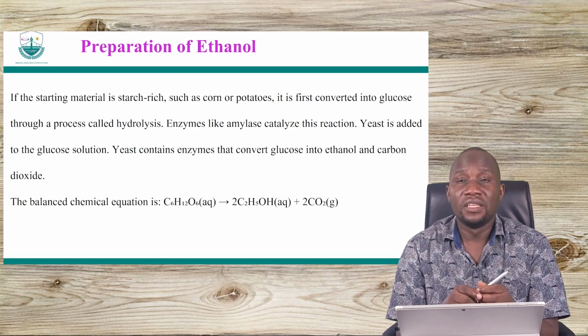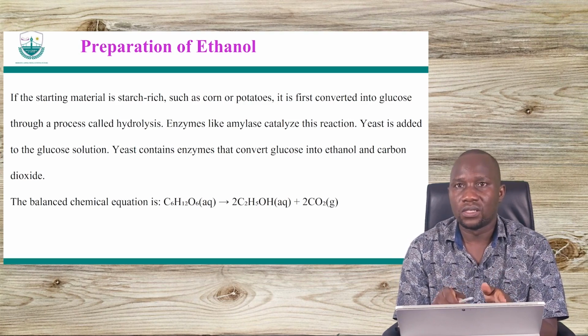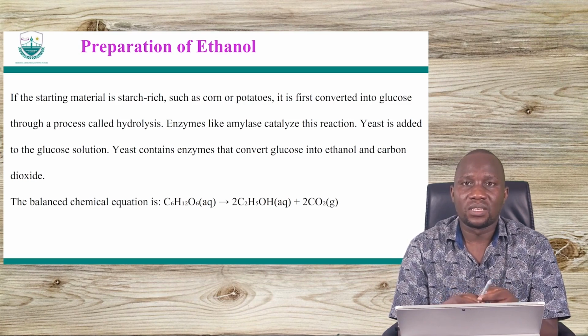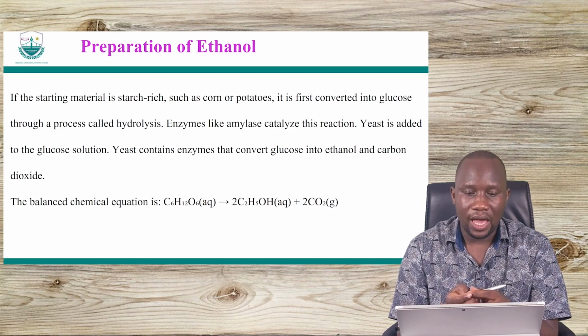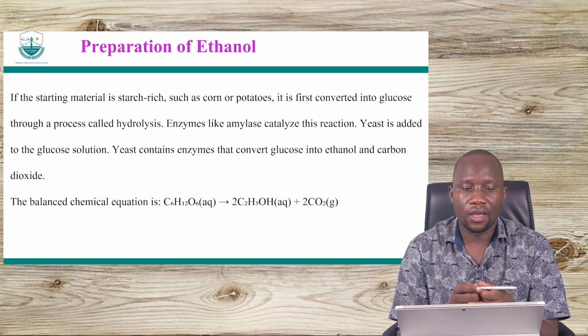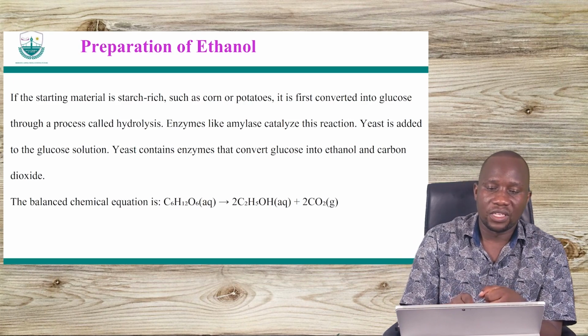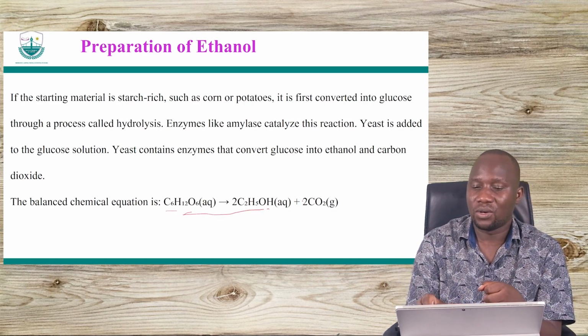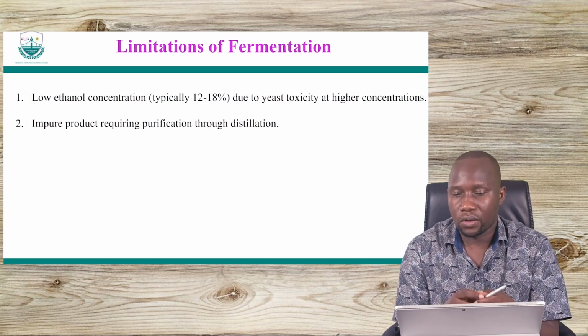And then the conversion of this glucose into ethanol requires an enzyme, and that enzyme is what we get from the yeast. That is why yeast is added in there. So the glucose is converted into ethanol and carbon dioxide.